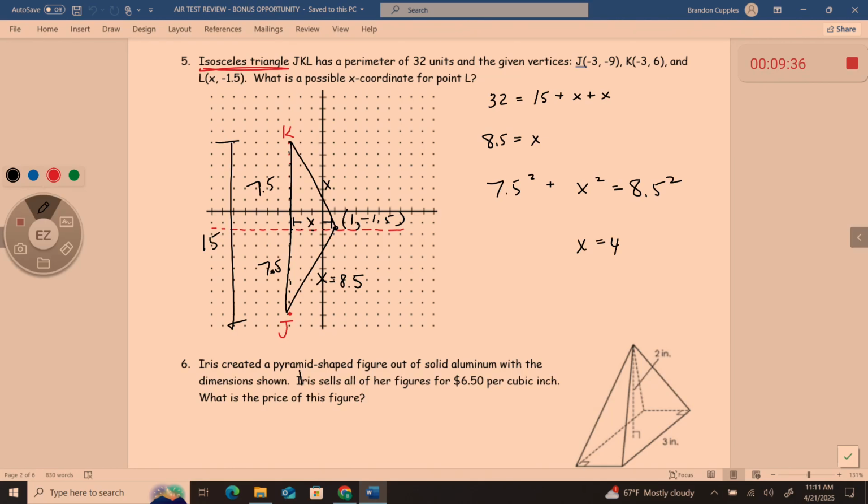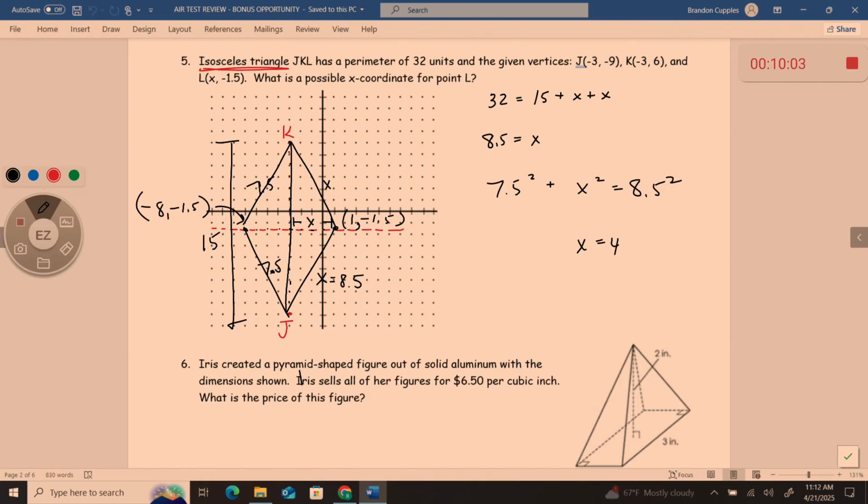Most people I think go to the right, but if you go to the left 4 units, 1, 2, 3, 4, this point right here would also create an isosceles triangle. You can kind of see it there, it looks like a rhombus. That point would be negative 8 comma negative 1.5. That would be the other location for that point. Either one will work when you plug it into your answer key.